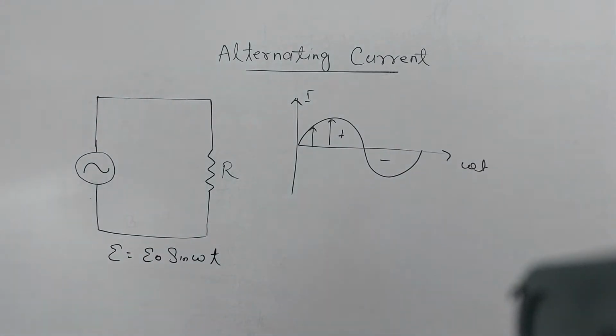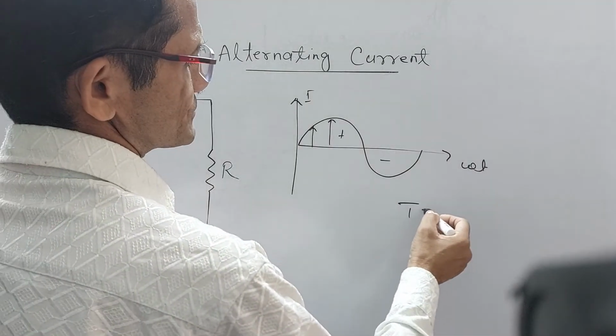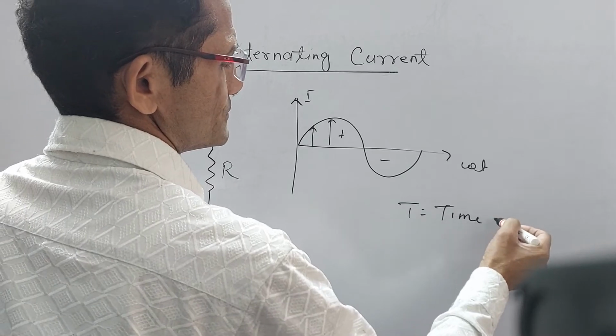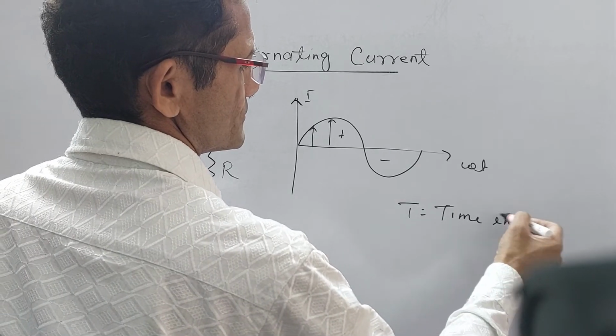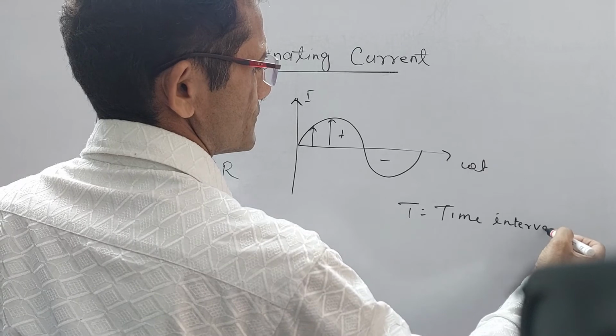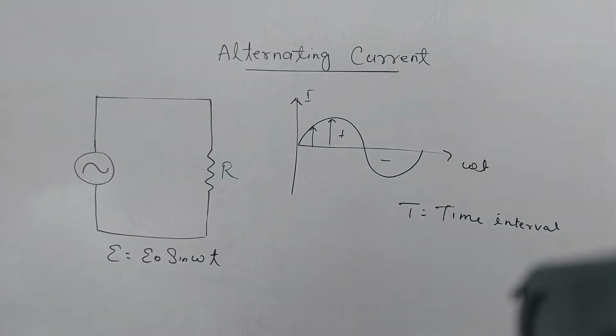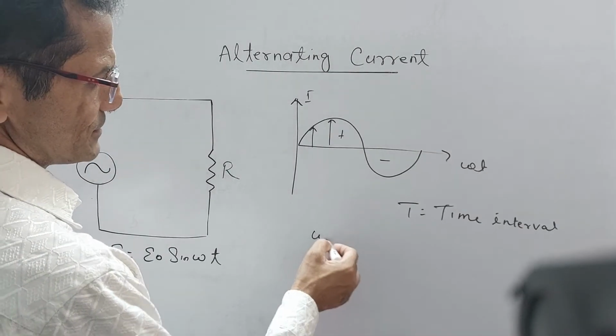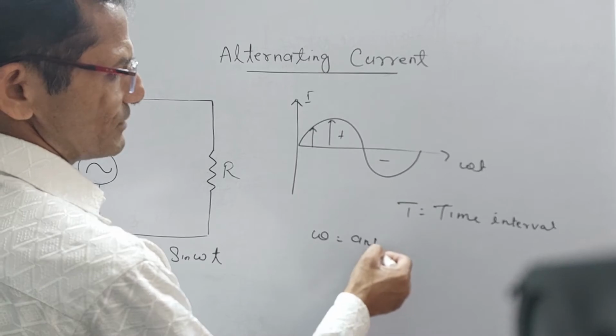So in a time interval t, it travels a distance of 1 oscillation, and we have omega, the angular frequency. This is our angular frequency.